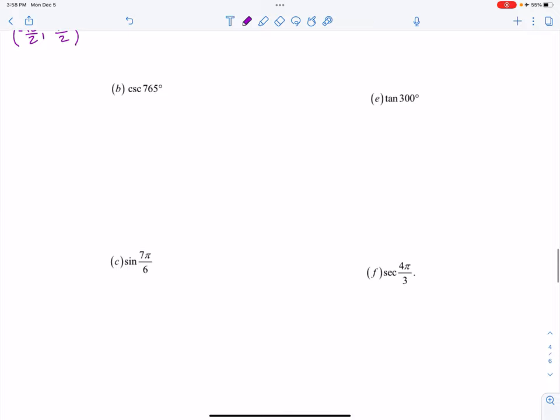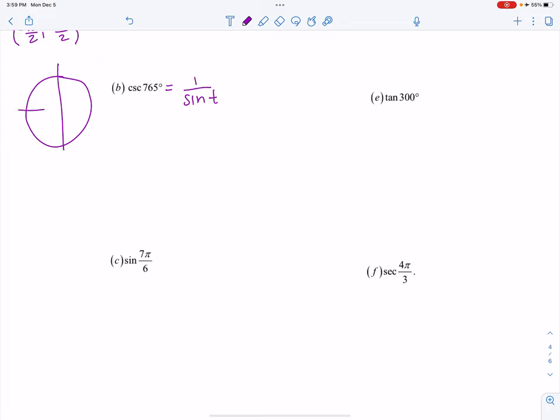Next up, we'll look at cosecant of 765 degrees. What do we know about cosecant? We know that it's the same as 1 over sine. And if we are looking at it on the unit circle, where is 765 degrees?